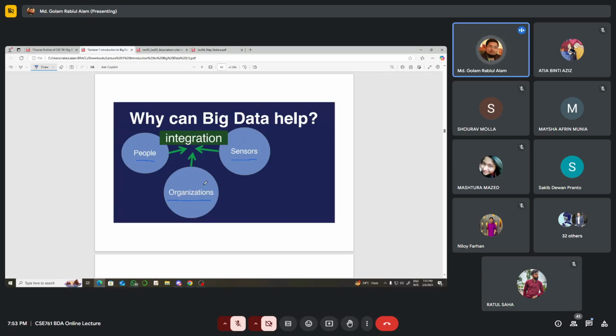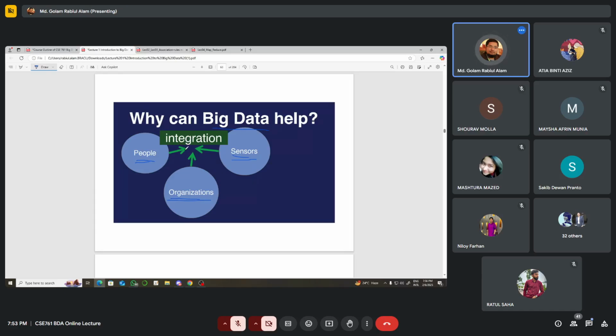So data can be generated from several sources: sensors, organizations, people. And the big data methods will help us to integrate the data from the people, organizations, and sensors.